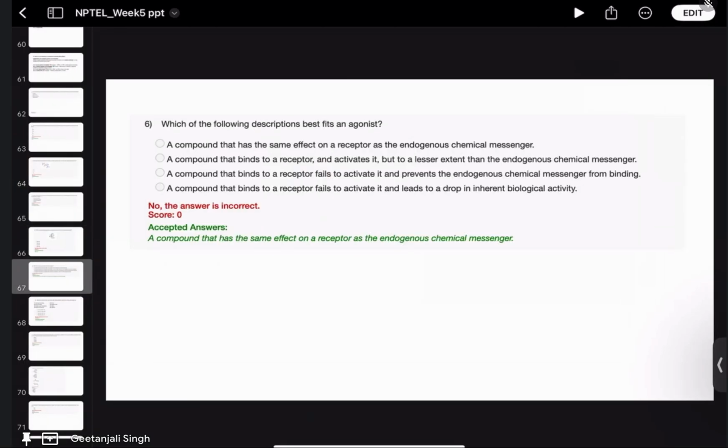The next question was, which of the following descriptions best fits an agonist?